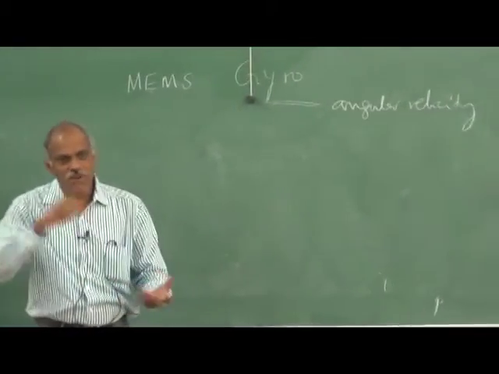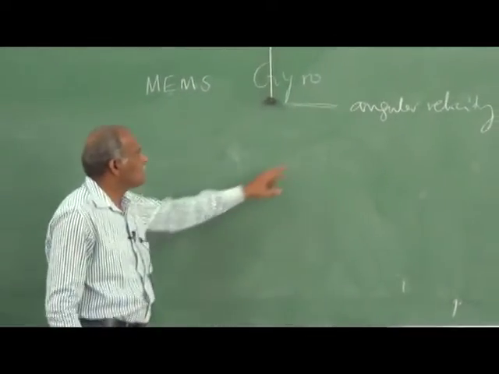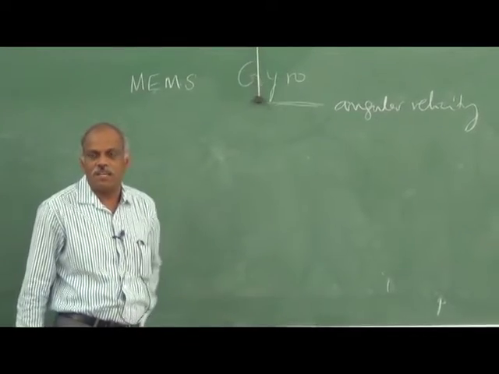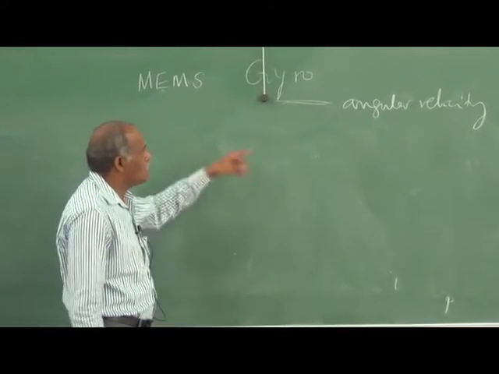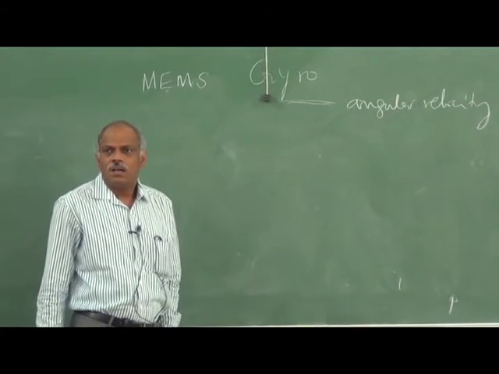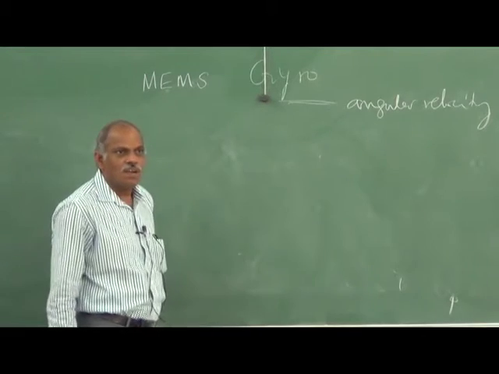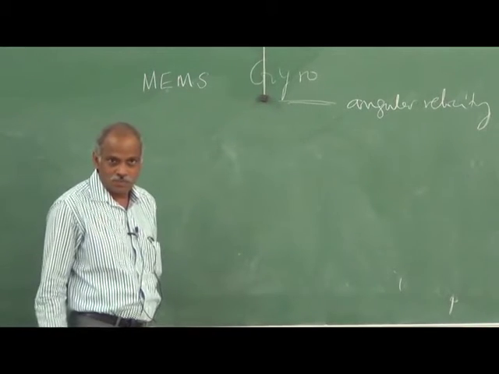Okay, it is not from outside. You have to be inside and measure. So the angular velocity measurements: the gyroscopes are used for angular velocity measurement.